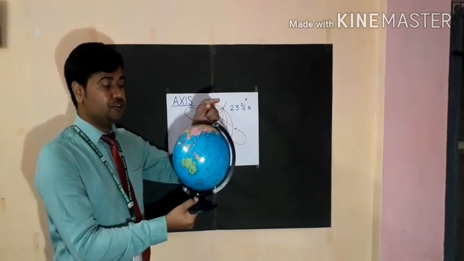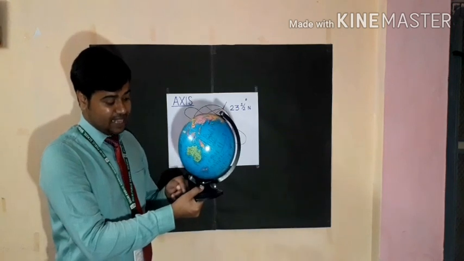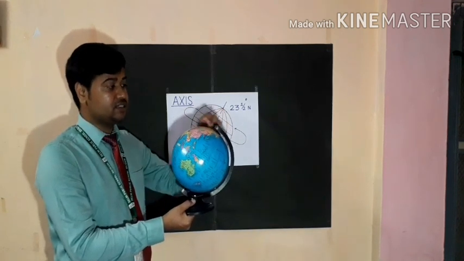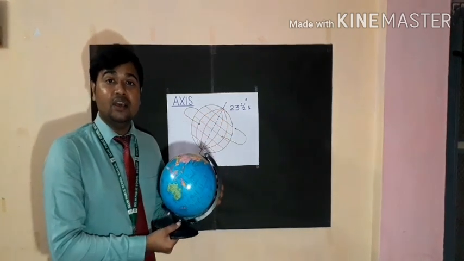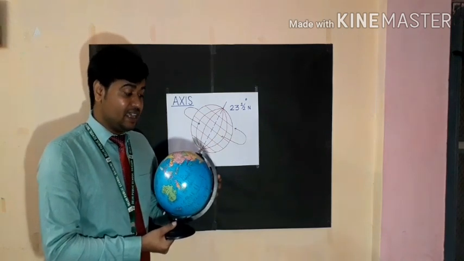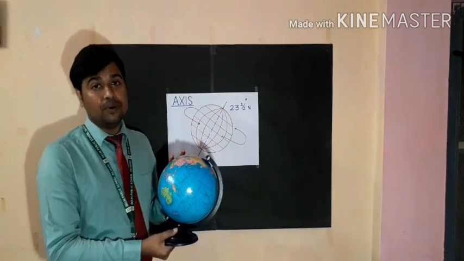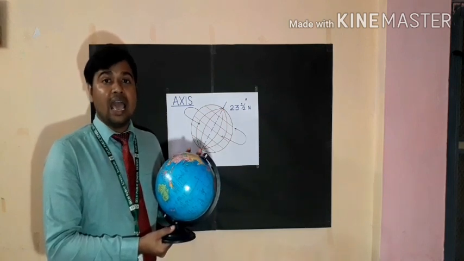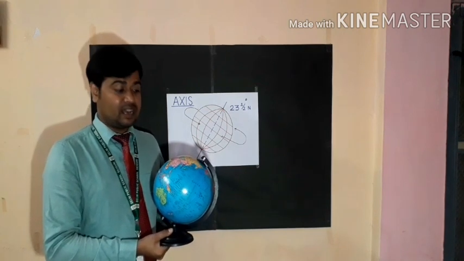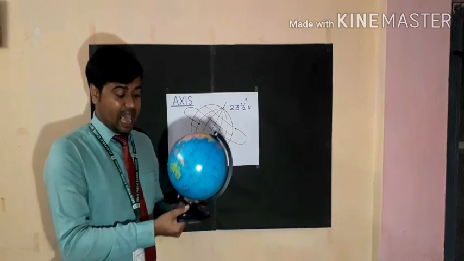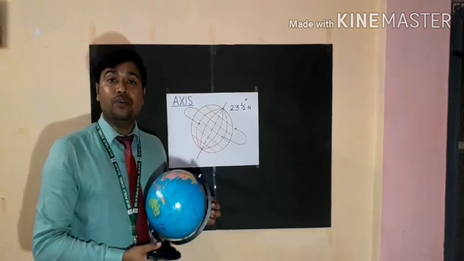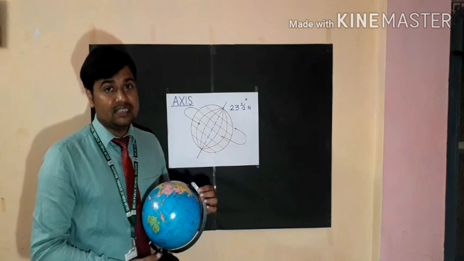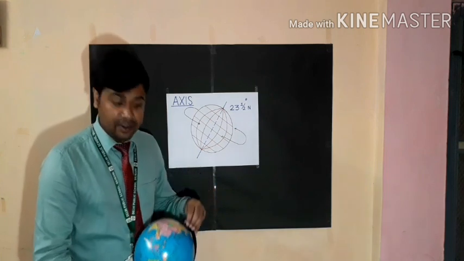If we draw an imaginary line connecting these 2 points, then we will get the axis of this globe. Similarly, if we draw an imaginary line connecting North Pole and South Pole, we will get the axis of our Earth.